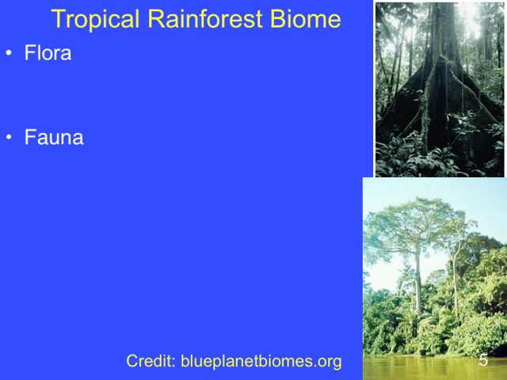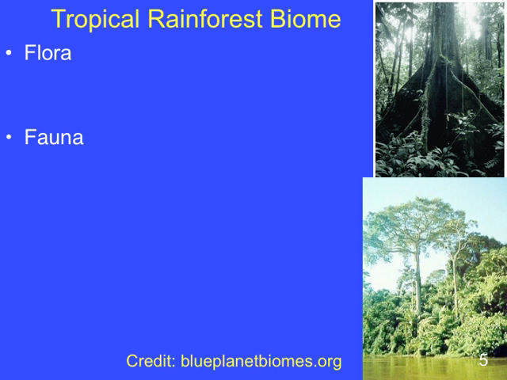Of all land biomes, so we're not talking about the oceans here, it has the largest biodiversity. And biodiversity is the number of different species. So it doesn't necessarily mean that you have a large number of any one species. You might say, well, there's tons of insects in the tropical rainforest biome. Yes, there are, but there are smaller populations of many, many different types of insects.